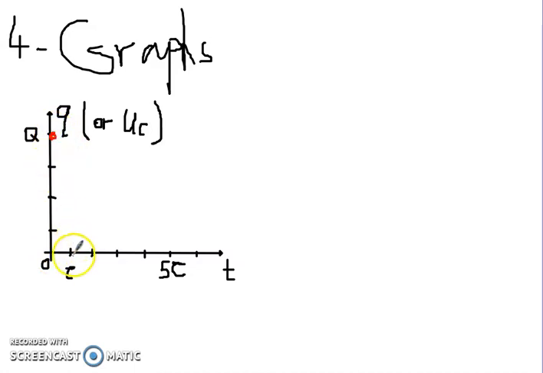Total charge. At T equal 1 tau, the charge reaches 0.37. This is 25, 50, 75, 100. 0.37 is here almost. So the curve passes through this point. At T equal to 5 tau, it is practically 0. Now if you draw the curve, it is exponentially decreasing, right?